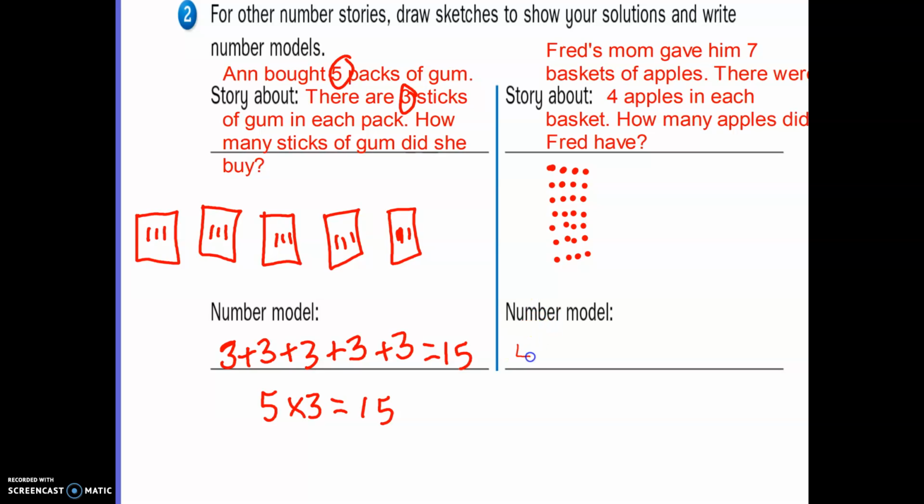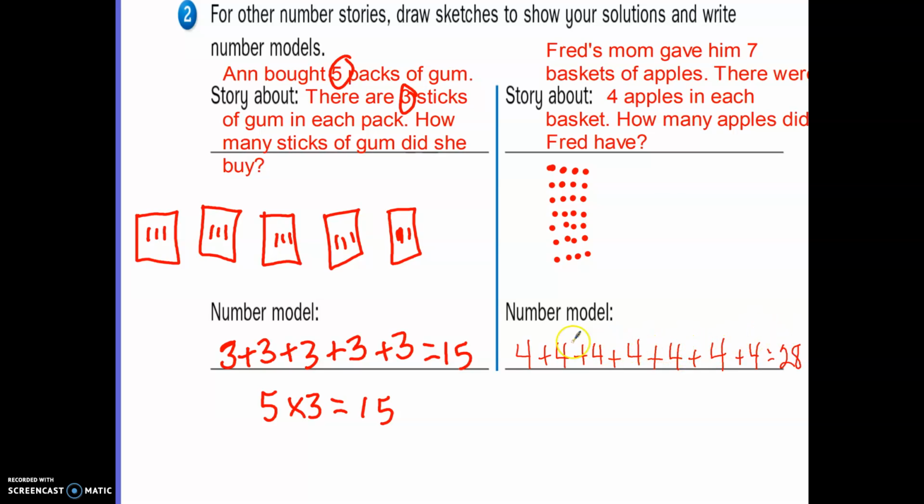So it could be 4 plus 4 plus 4 plus 4 plus 4 plus 4 plus 4 equals 28.